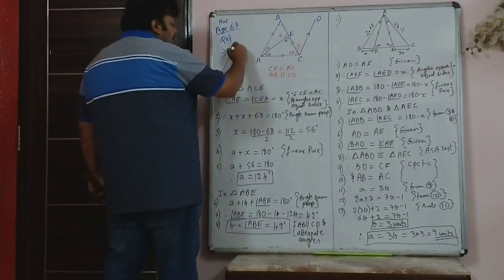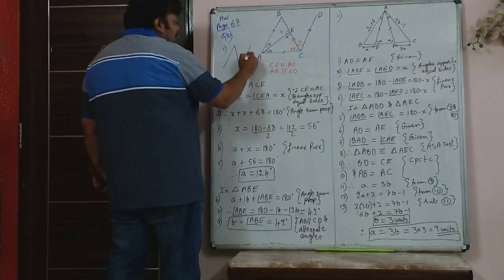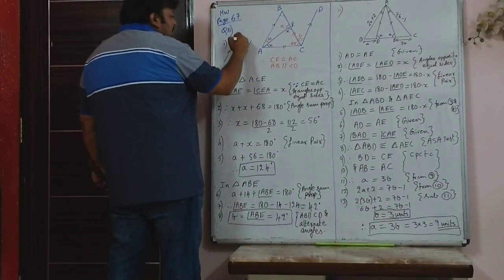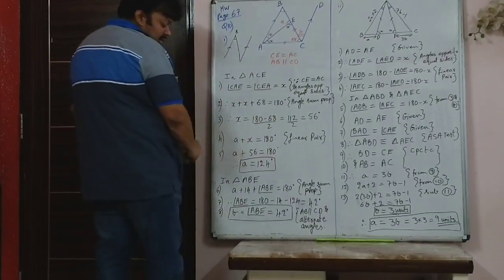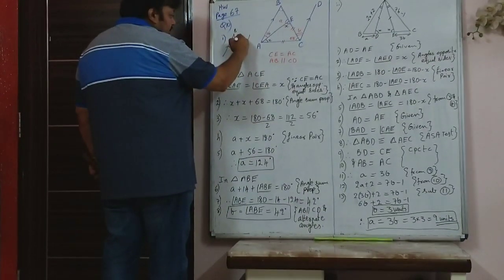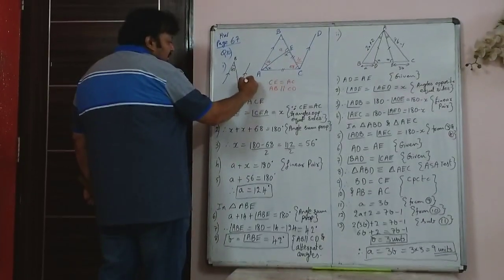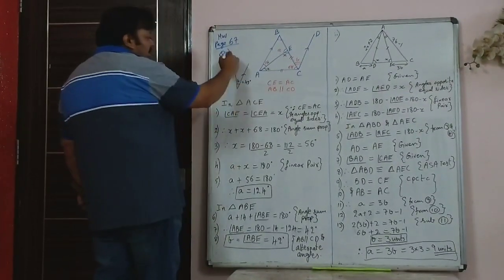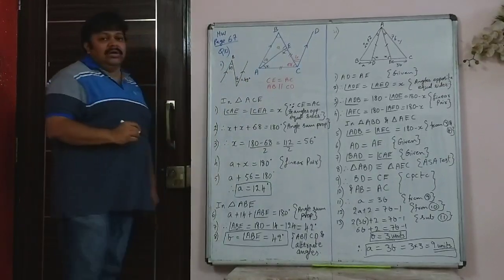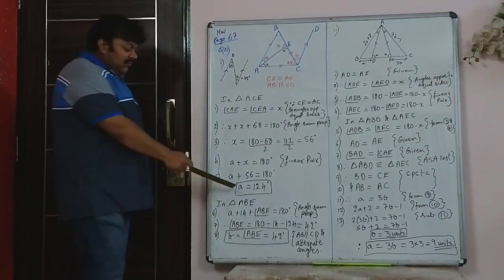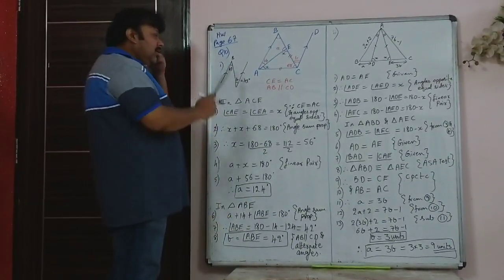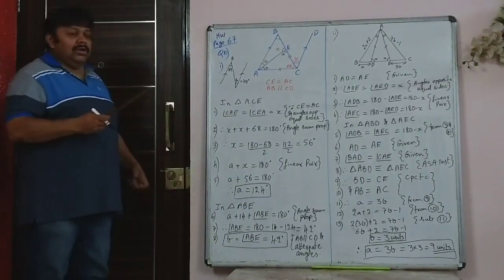Why? These two lines are parallel lines. The angle at B, you just now got, is 42 degrees, so the small b will also be 42 degrees because that forms alternate angles. That's how you will find your angle A and angle B for question number 1.